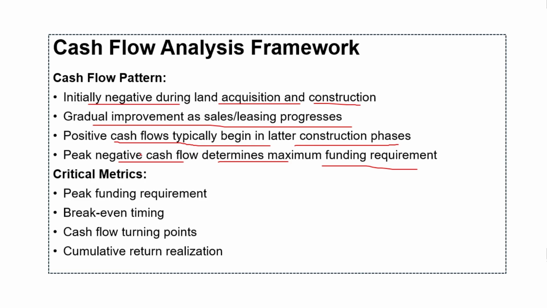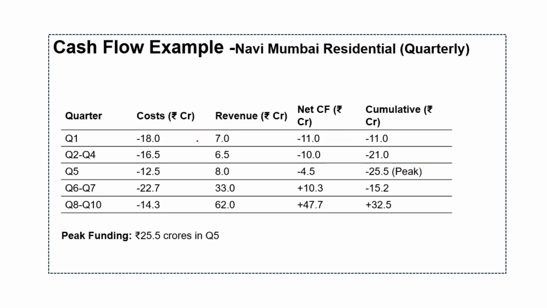That will be, of course, at the starting. So the critical metrics which will come out: peak funding requirement, basically the starting point, maybe sometimes during the construction, but mostly at the starting. Then the break-even timing, cash flow turning points from negative to positive, and cumulative return realization. So that will be your cash flow analysis framework.